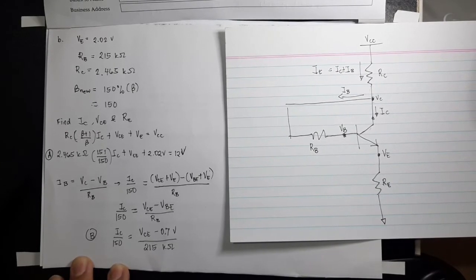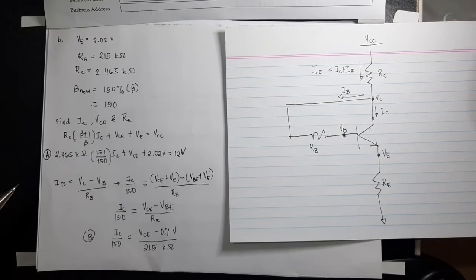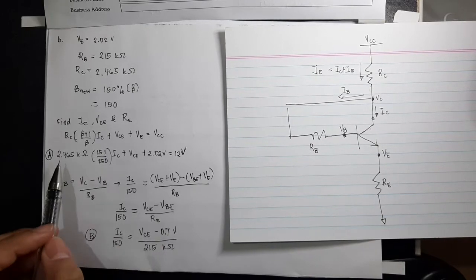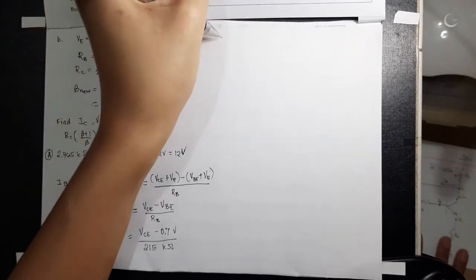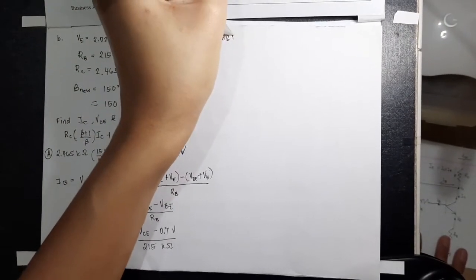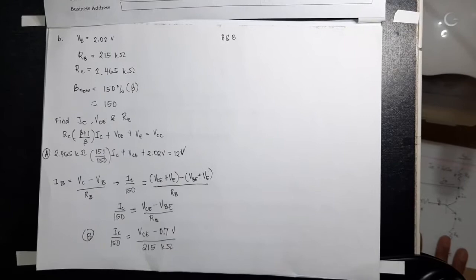So next, we can isolate IC in this part, and then substitute the IC expression in equation A. So pagsamahin na natin tong dalawang equations or dalawang formulas.